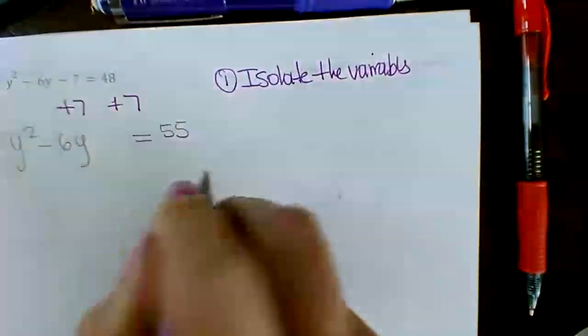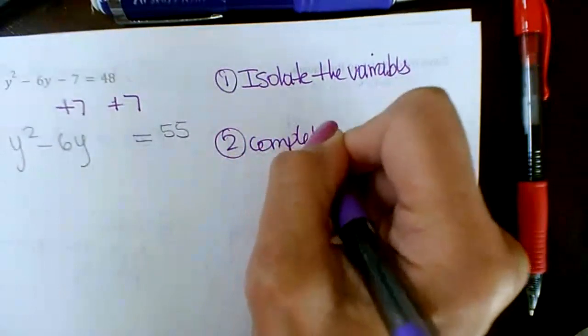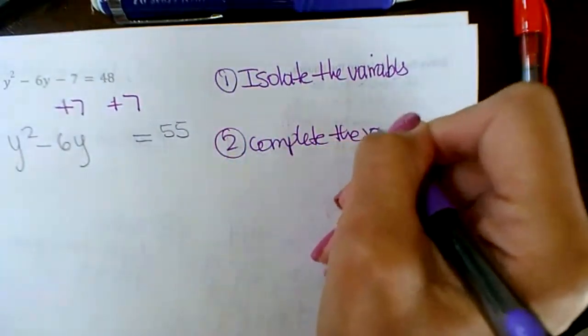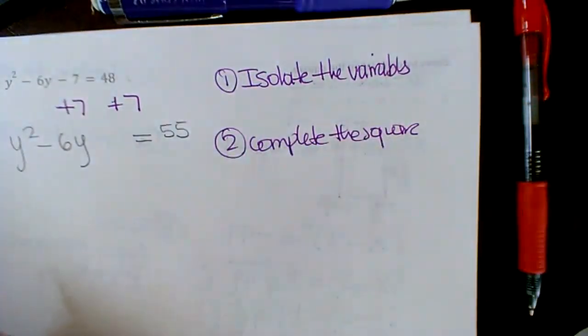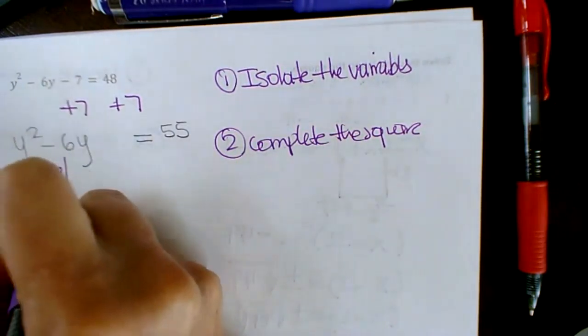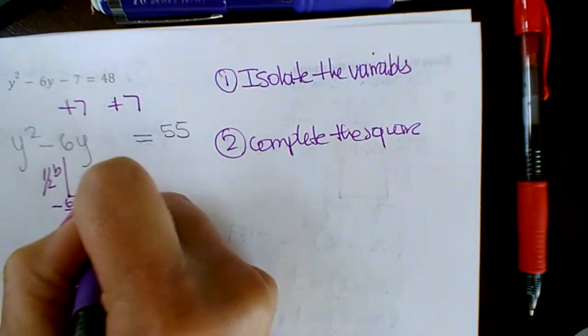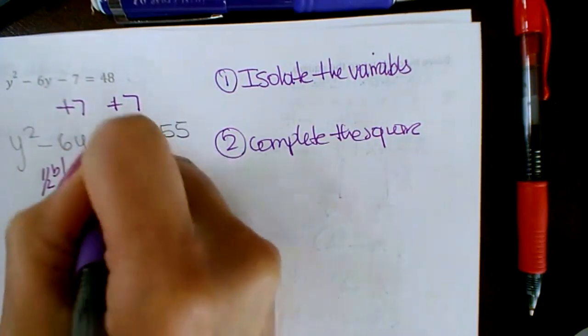Now I'm going to complete the square. So it's going to be half of b, negative 6 divided by 2. That will be negative 3 squared.